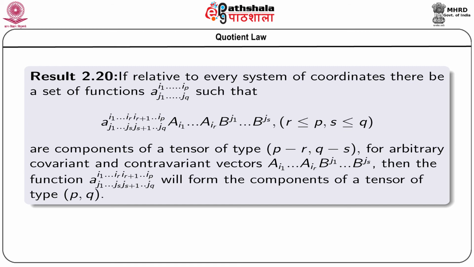Then the function A(i1, ..., ir, ir+1, ..., ip; j1, ..., js, js+1, ..., jq) will form the components of a tensor of type p, q.